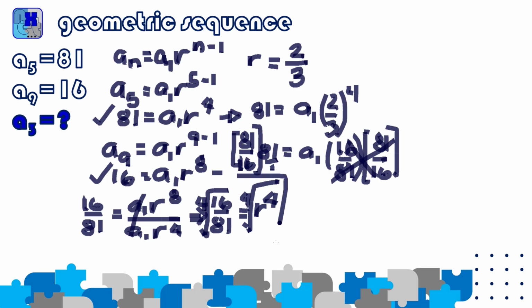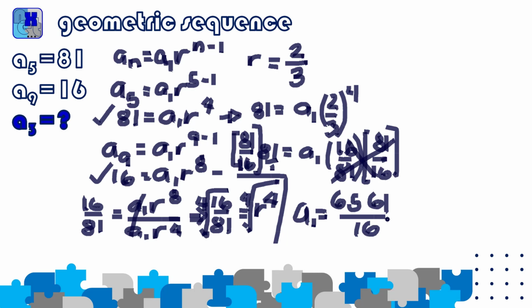Let me place a separator here. Our a sub 1 now is equal to 81 times 81, which is 6,561, all over 16 times 1, which is 16. This is now our first term, or the first element of the geometric sequence.